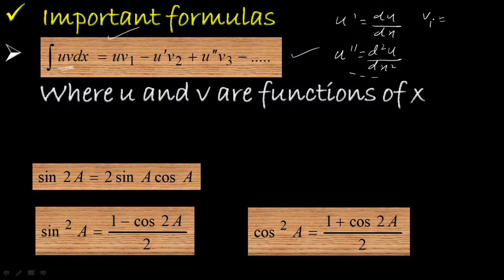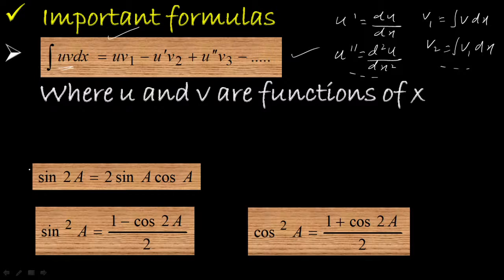So once you have to integrate v, that is v1 is nothing but integral v dx and v2 is integral v1 dx, etc. So v1, v2, v3, etc. are successive integrals. So u dash, u double dash are successive derivatives, whereas v1, v2 are successive integrals.